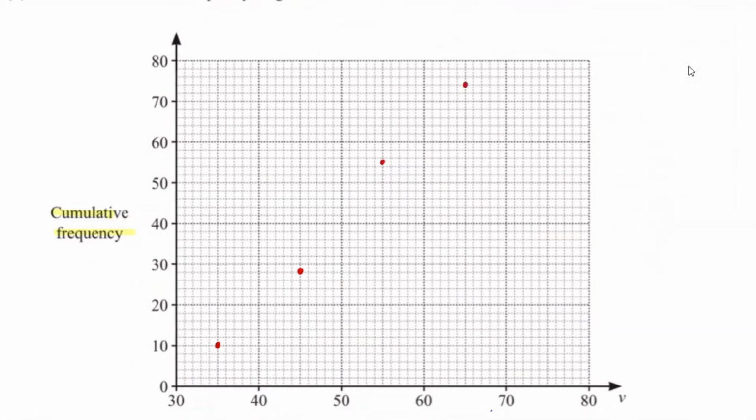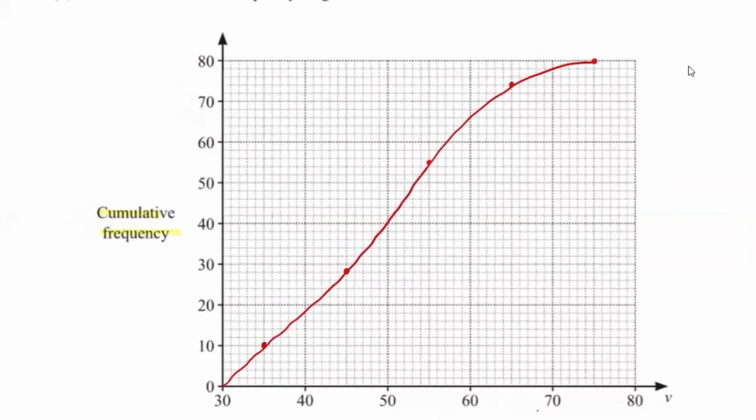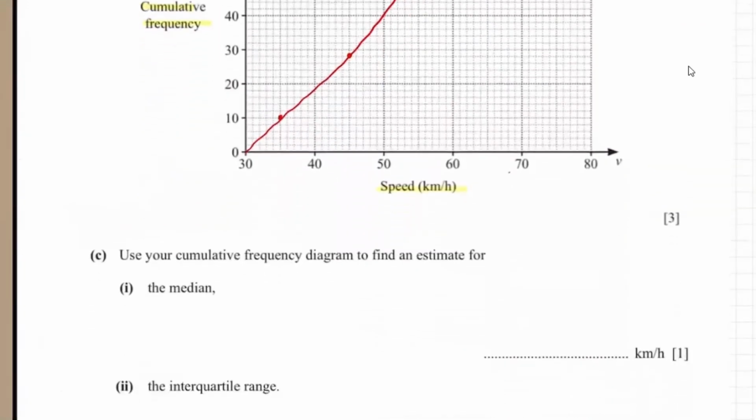And for 75, we have 80. You can see it's going in a smooth curve. So let's join it in a smooth curve. So this would be something like this. Great. Beautiful curve. Okay. After that, let's move on to the next question.